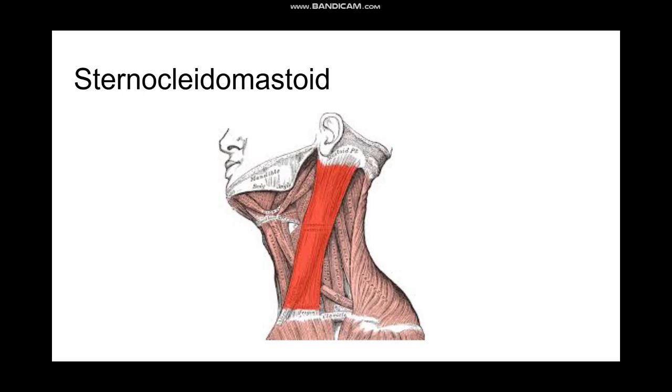Its action is actually to flex and rotate your neck, which has nothing to do with consumption, but it is still a muscle of the neck. So this is going to be included, and it's kind of more unique. It's a little bit harder to find in cats, but they definitely have one. Cats have most of the same muscles that humans have.